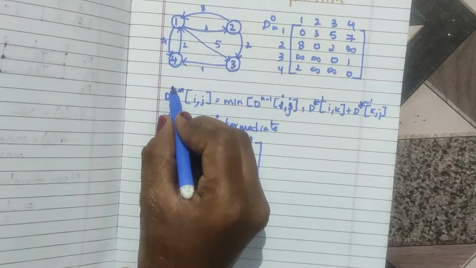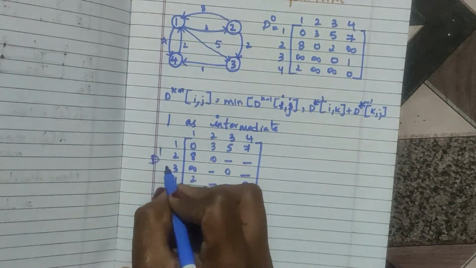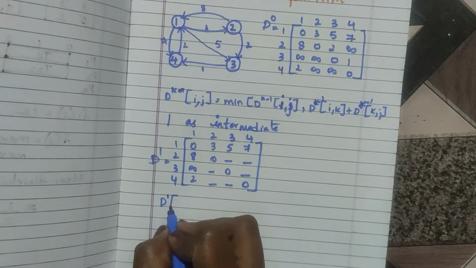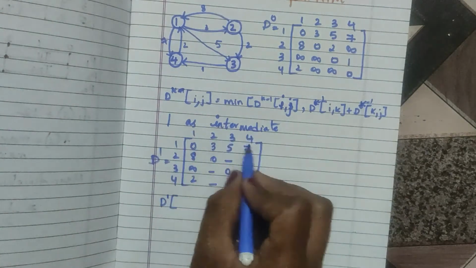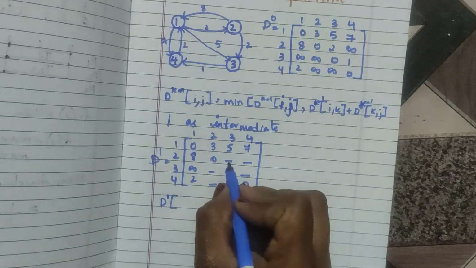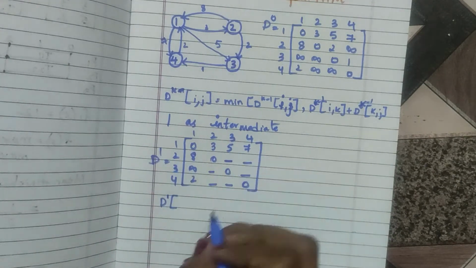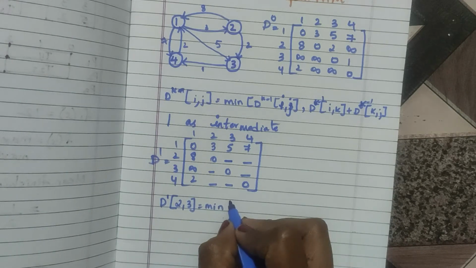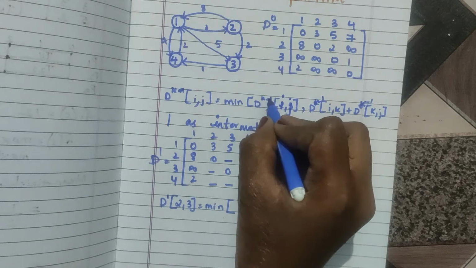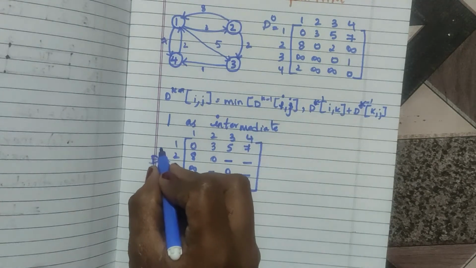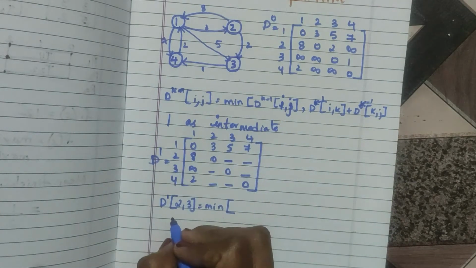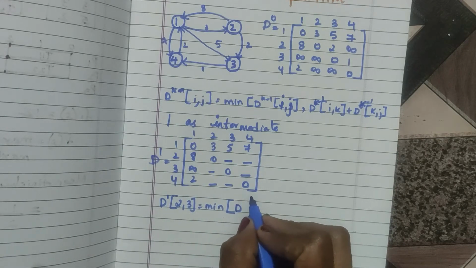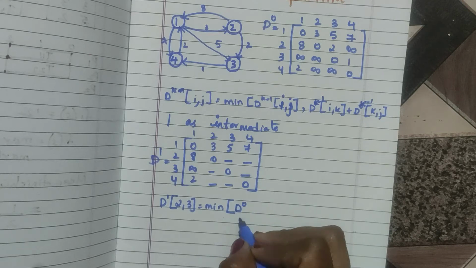So here if you see d of k, I will use this as d1 because 1 is my intermediate. So d of 1, i comma j, is what I have to find. I have to find this 2 comma 3. So 2 comma 3 is equal to min of d of k minus 1. k is 1 over here, so k minus 1, 1 minus 1, you get 0.